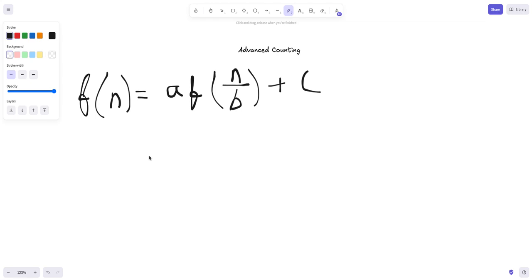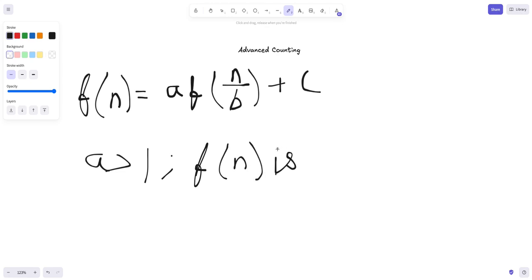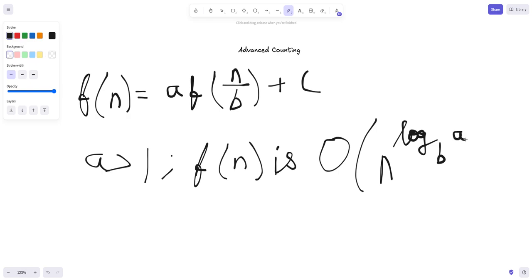So here's a theorem that's going to be helpful. When we say a is greater than 1, then f of n is O of n to the power log base b of a.